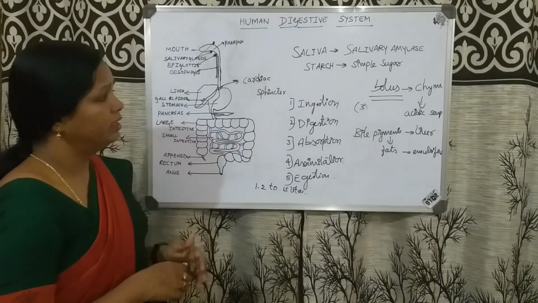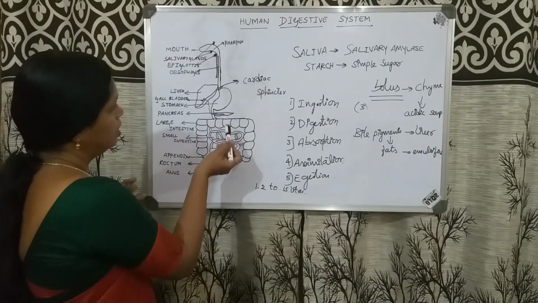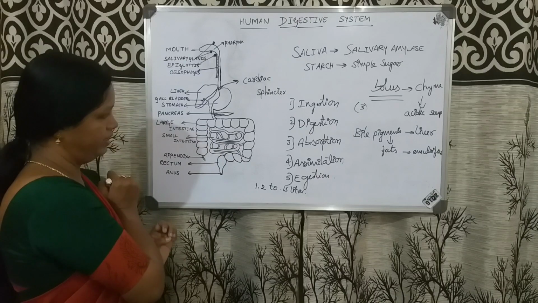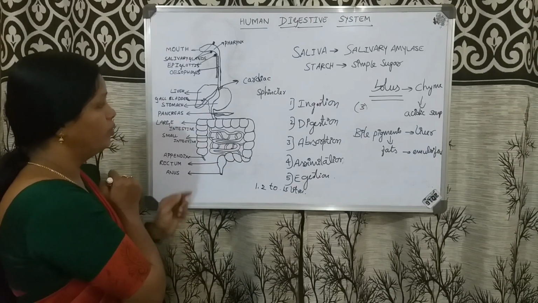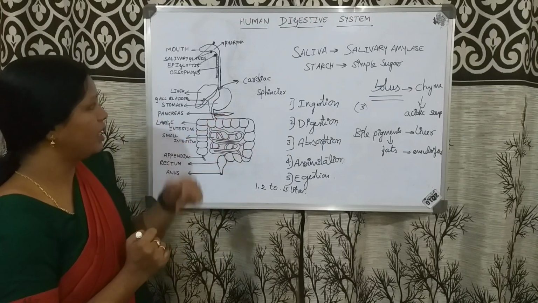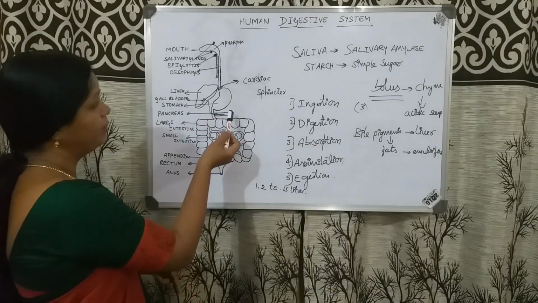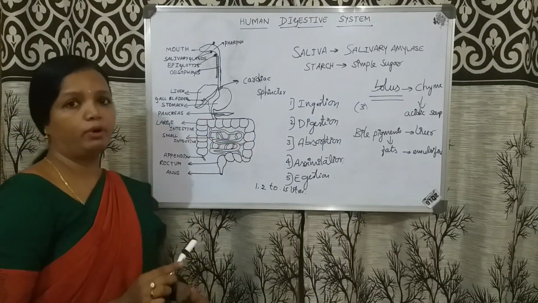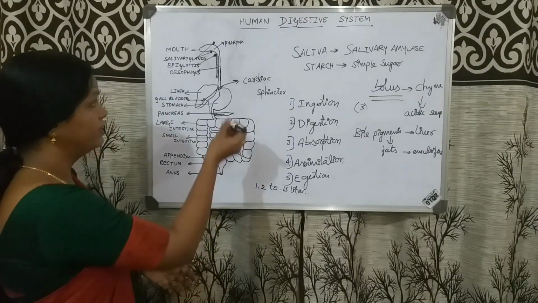Next, the acidic food entering the small intestine from the stomach would stop the pancreatic juices secreted by the pancreas from functioning, because of its acidic nature.